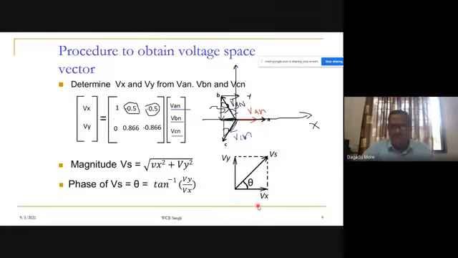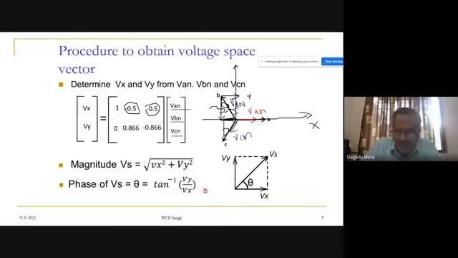So what are the possible values of theta? Theta is the angle the space vector makes with respect to the horizontal axis. What is the range of theta? It may be in any quadrant, depending upon which value is positive. If both Vx and Vy are positive, the angle may be 0 to 90. If Vy is positive and Vx is negative, it may be 90 to 180.